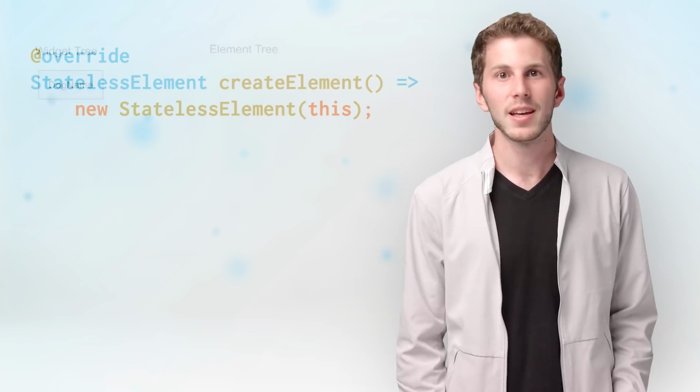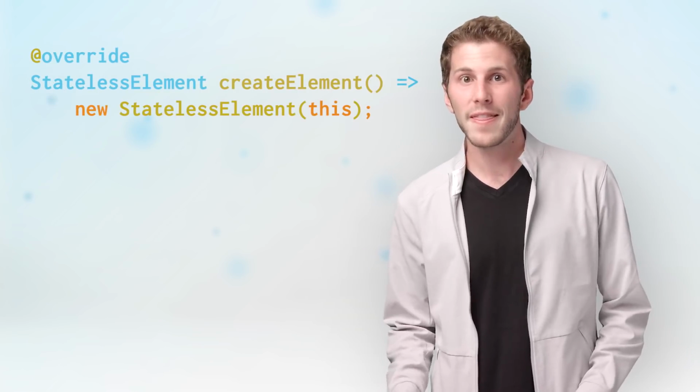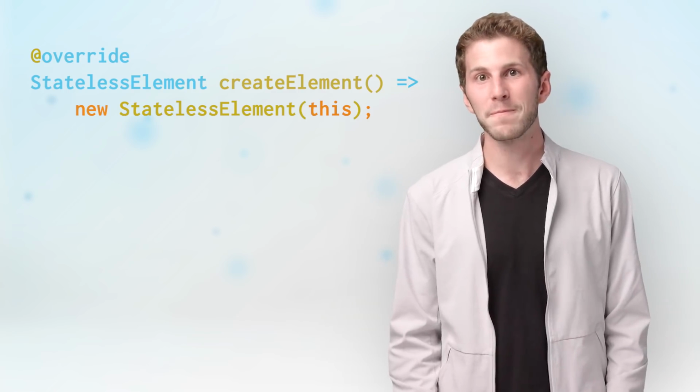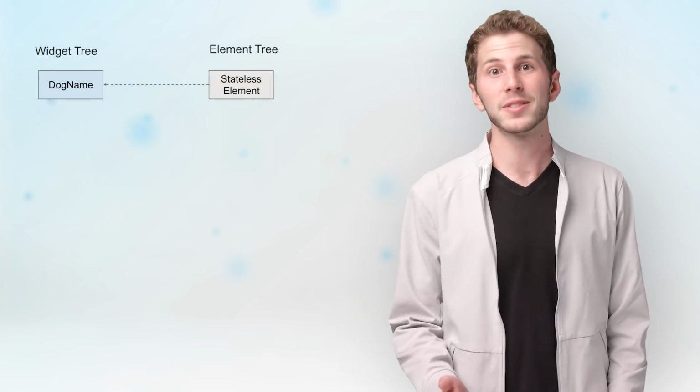Each widget class has both a corresponding element class and a method to create an instance. Stateless widget, for example, creates a stateless element. That createElement method gets called when the widget is mounted to the tree. Flutter asks the widget for an element, and then pops that element onto the element tree with a reference to the widget that created it.